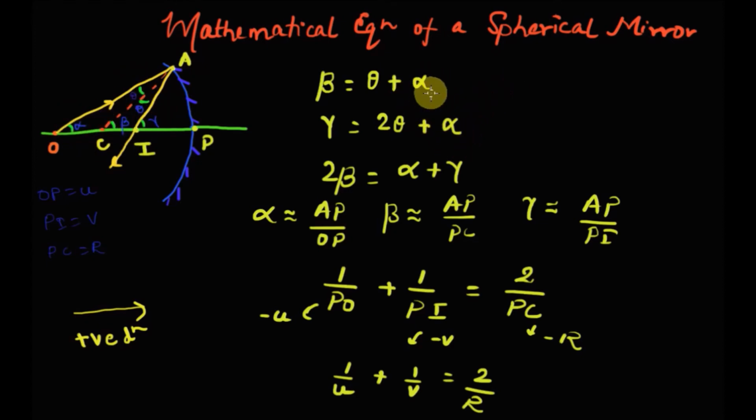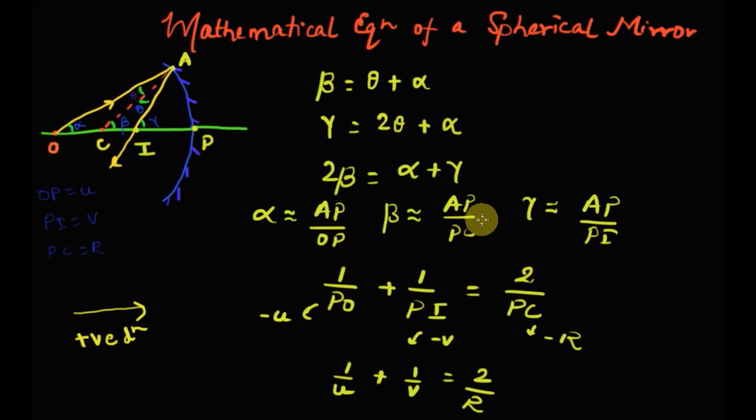From these two equations, we get 2 beta is equal to alpha plus gamma. If we assume that this point A, where the incident ray hits the mirror, is very close to the pole of the mirror, then the angles alpha, beta, and gamma are very small. And for very small angles, as I mentioned in my first video on mathematics and physics, we can write alpha as AP by OP, beta as AP by PC, and gamma as AP by PI.